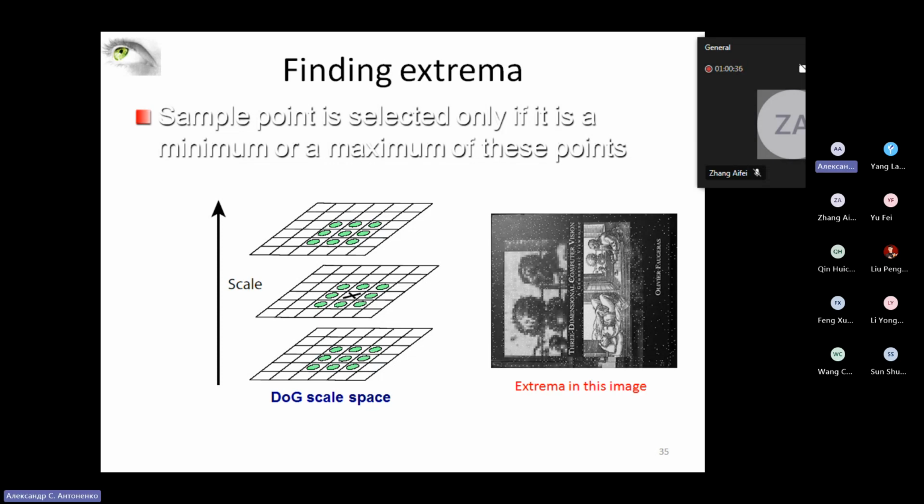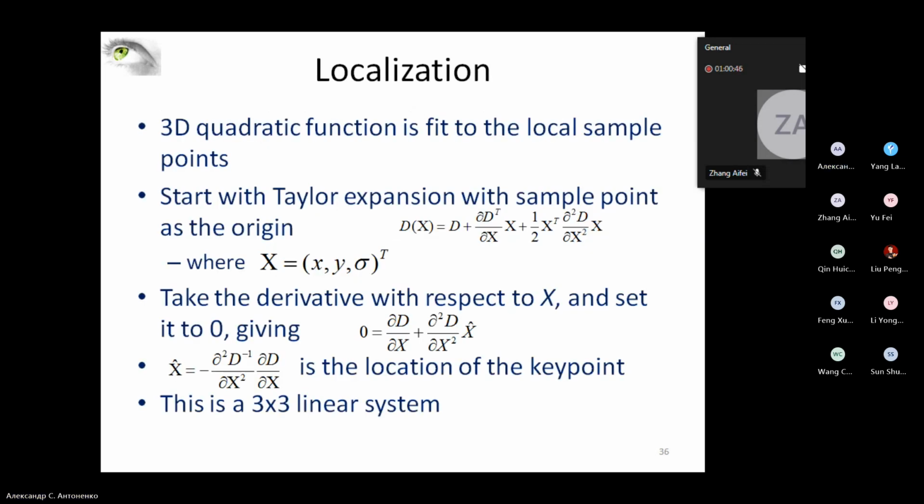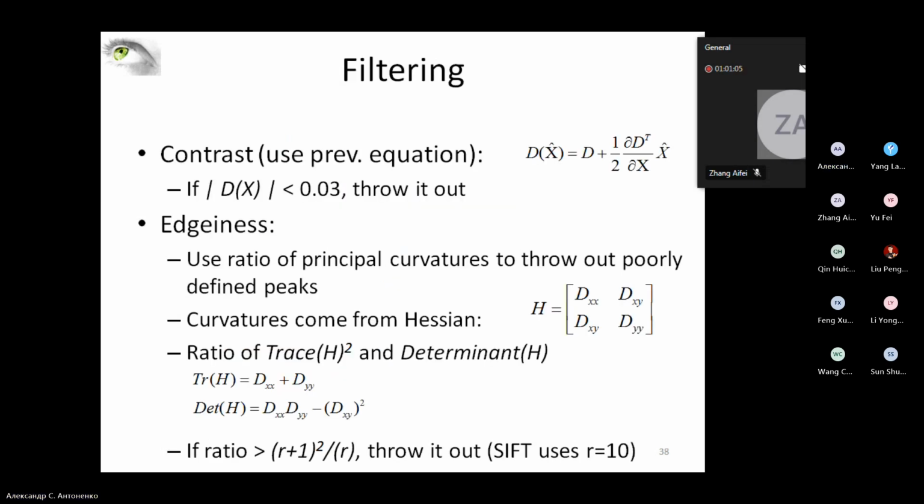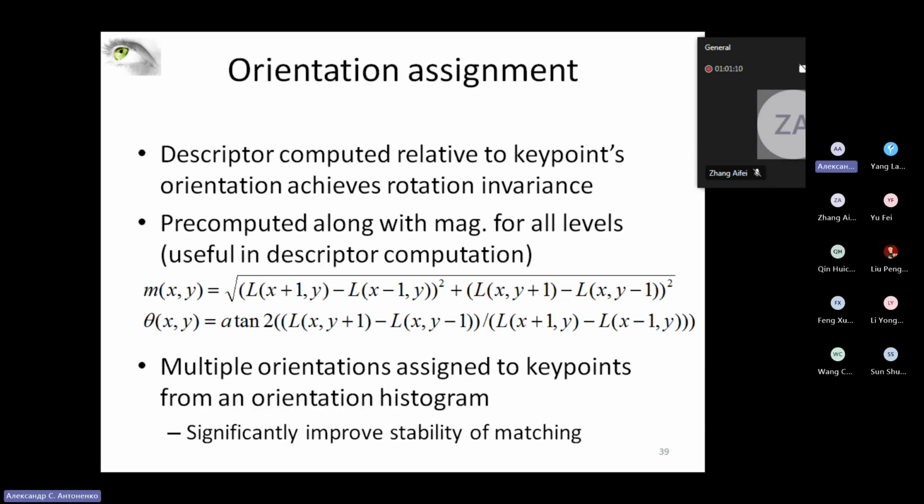A sample point is selected only if it is a minimum or maximum of these points, so the extrema of these images. Using these formulas, we can localize our point, and we can find orientation.